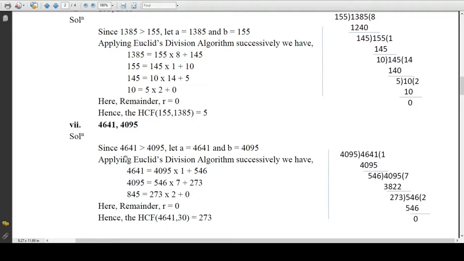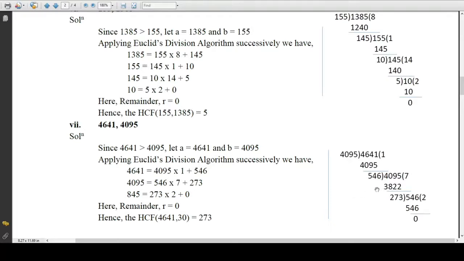Number 7, 4641 and 4095. 4641 is greater, therefore we'll take A as 4641 and B as 4095. When you divide the dividend by this divisor, you will go with 1 is 4095, leaving remainder 546. Okay, now we take 4095 as the dividend, 546 as the divisor.